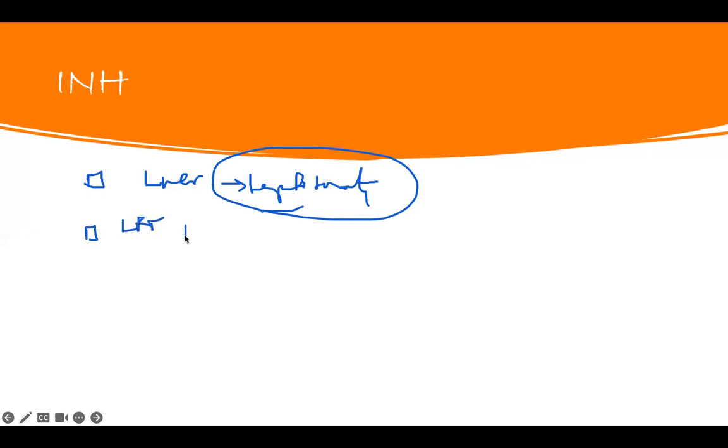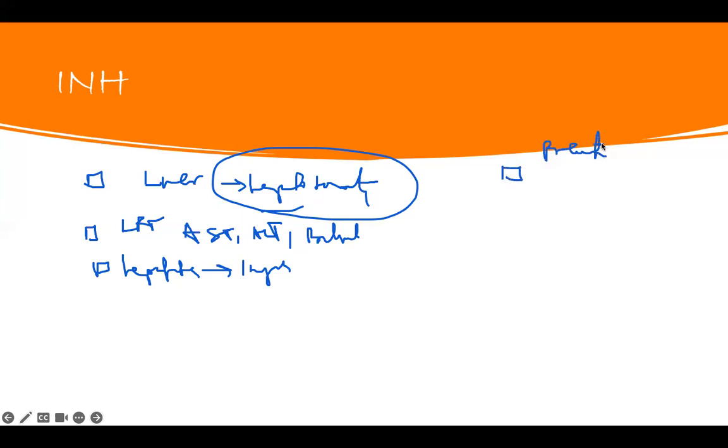What that means is you have to check AST, ALT, and then bilirubin. And if it's affecting the liver, that means they have liver injury, hepatitis, injury of the liver, all of them. Therefore, you can teach them precaution. This is one thing that is going to affect the liver. So precaution: avoid alcohol.